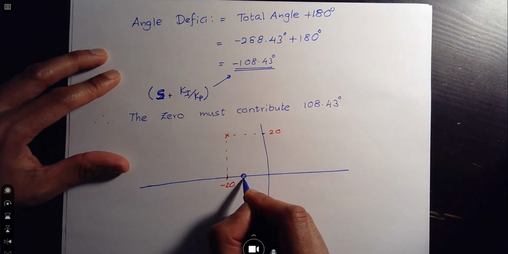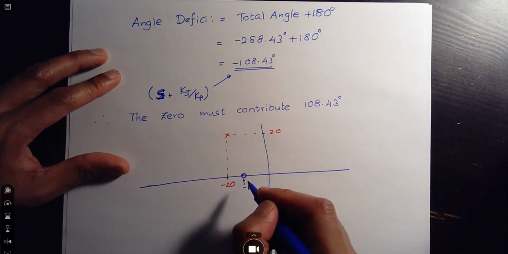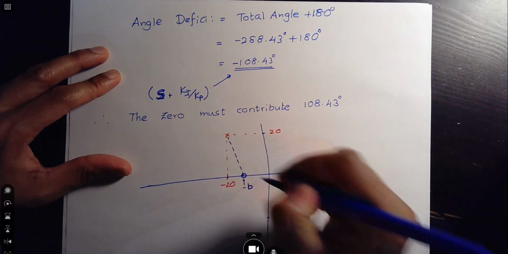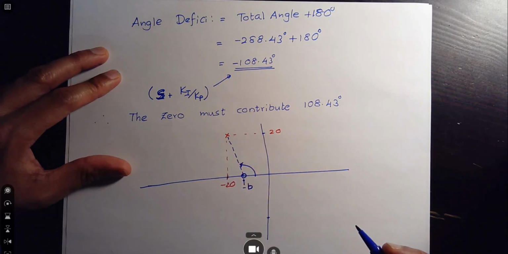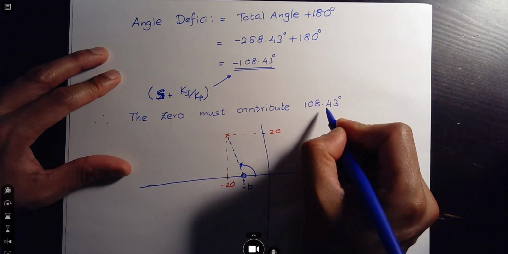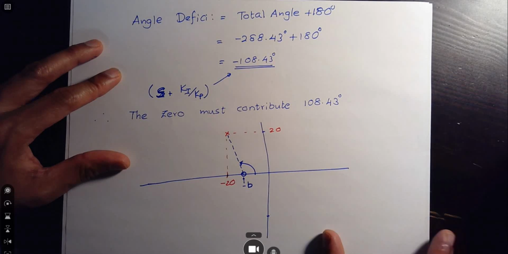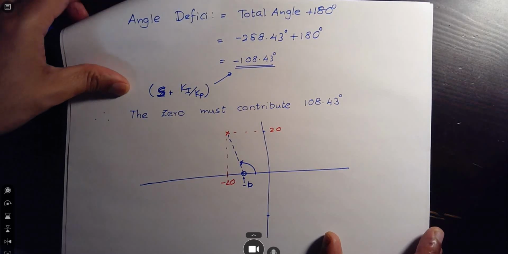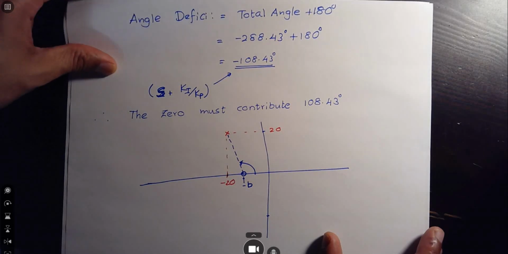Let's call that point negative B. You can call it negative A if you want, but let's choose negative B. If we can calculate B such that this angle is 108.43, we can see if that helps our controller response. So how do we do that calculation? This is how we do it. For some of you, it might be quite straightforward now, since we know where it is.